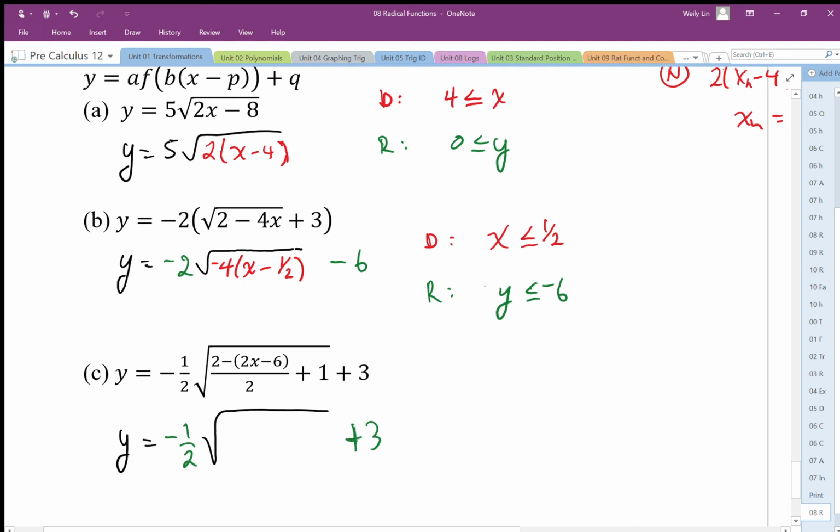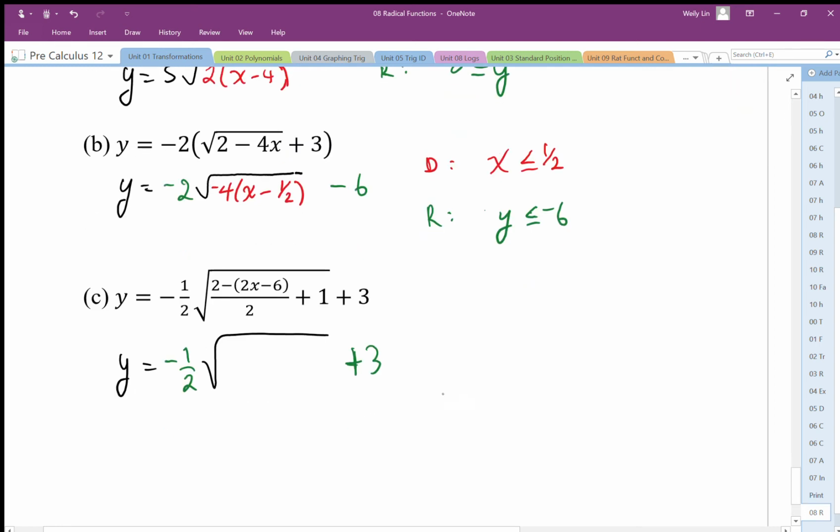So then my range, I'm going to work out right now. I know it's gone up 3, so that's the starting point at 3, and it's been vertically flipped, so it's going to go down from there. So there's my range.